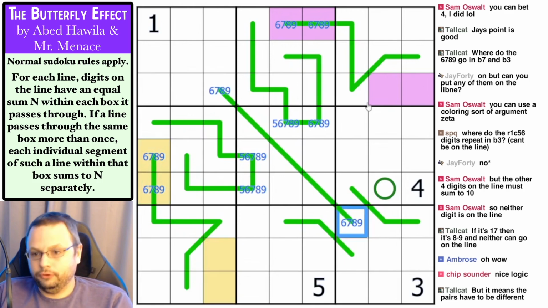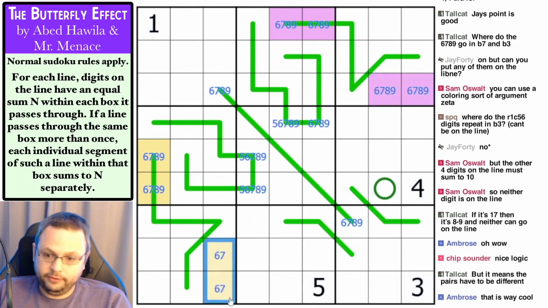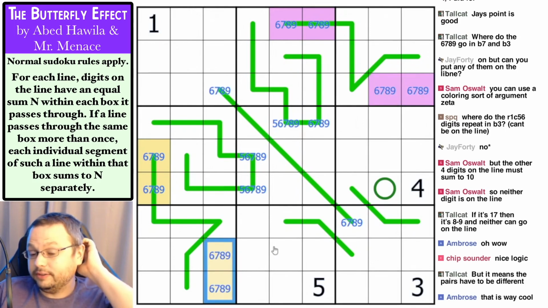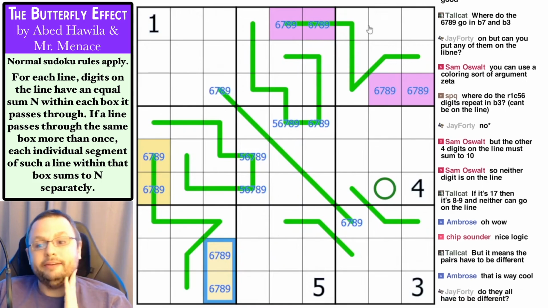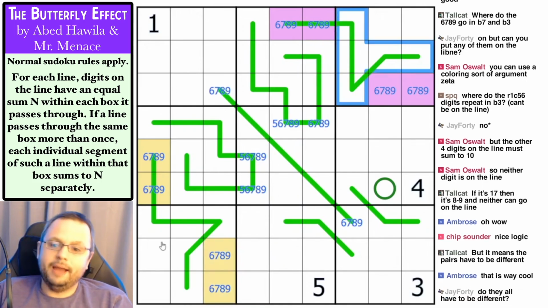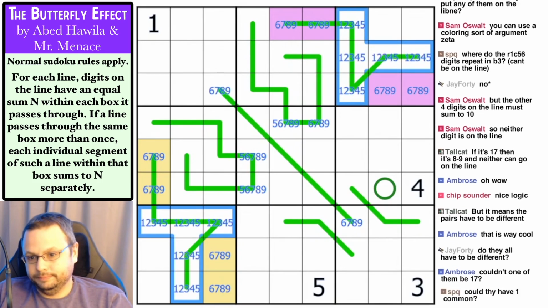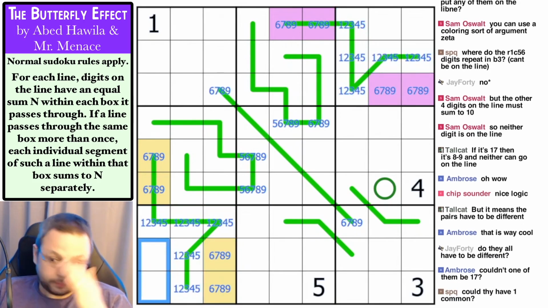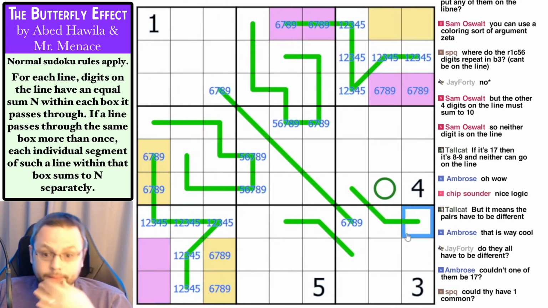And so as foretold by my guess that they would be different, they are different. And because they are different, the sum is 15. Because there's only one way to make 17. And so that means that these digits are exactly 1, 2, 3, 4, 5. Which now means that these 2 digits are purple and these 2 digits are yellow.